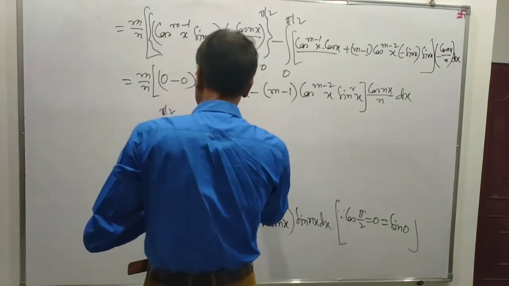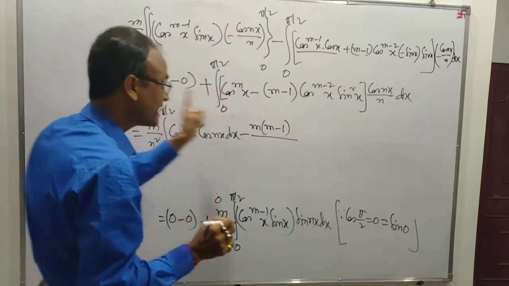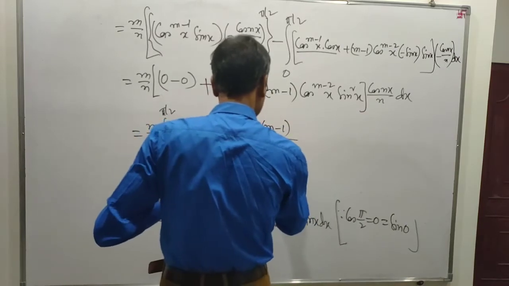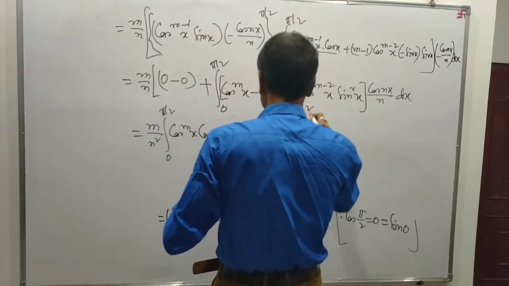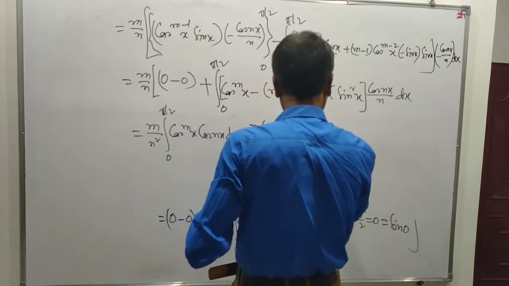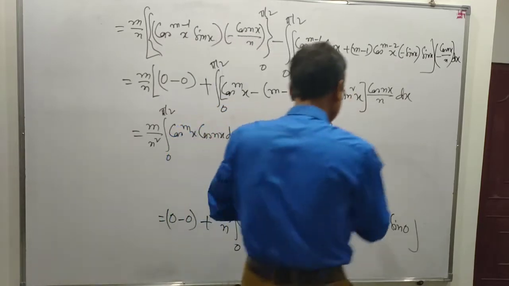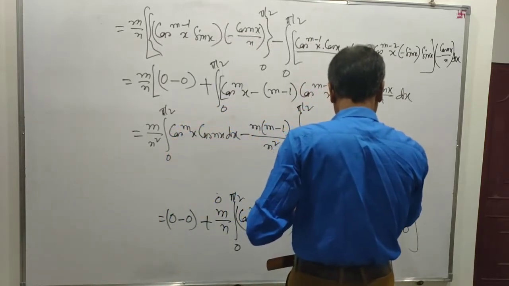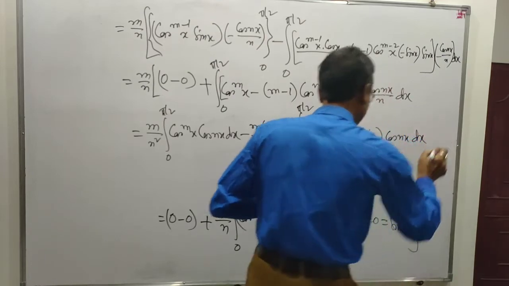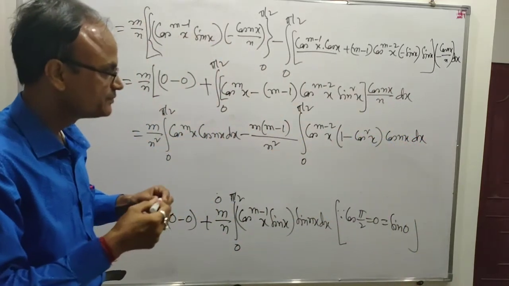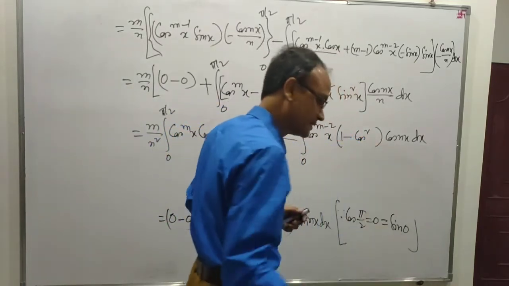Minus m into m minus 1 divided by n square, the integral from 0 to pi by 2 of cos to the power m minus 2 x. For this sin square x, we may write 1 minus cos square x. Also cos nx is also here. Cos square x.